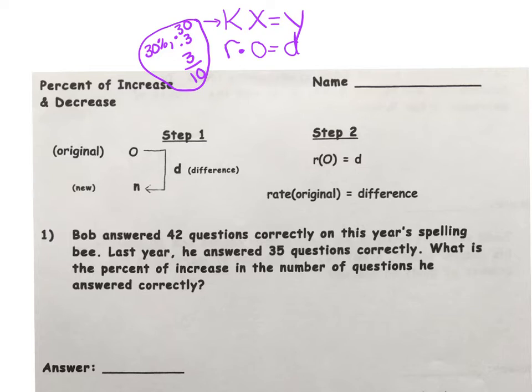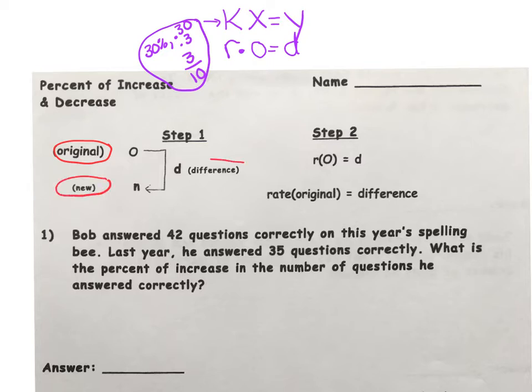And for the letter Y, this is where we're going to represent the difference. We're going to measure the growth, which is an increase, or we're going to measure loss, which is a decrease. That difference gets measured against the original amount. Let's take a look. Each time you set up one of these problems, you're going to identify the original amount you've been given and the new amount.